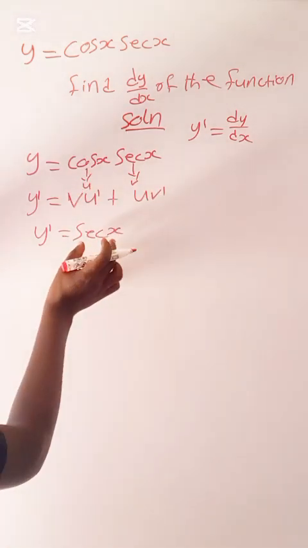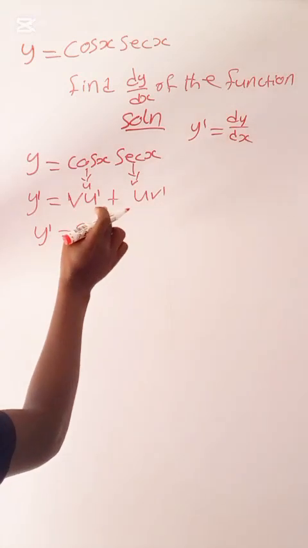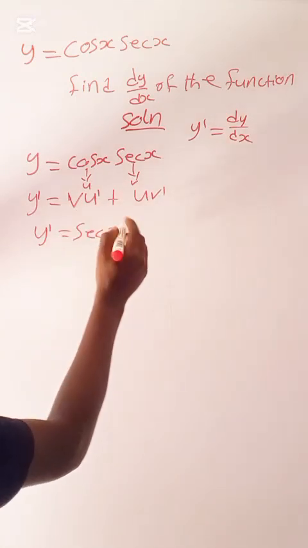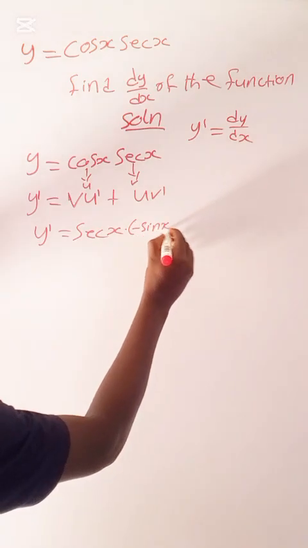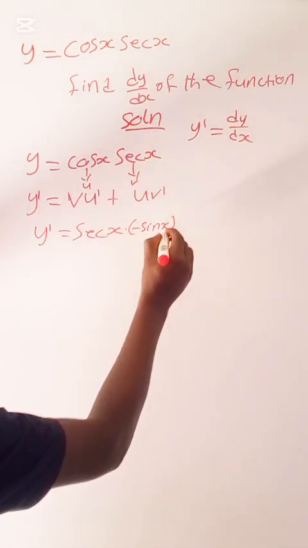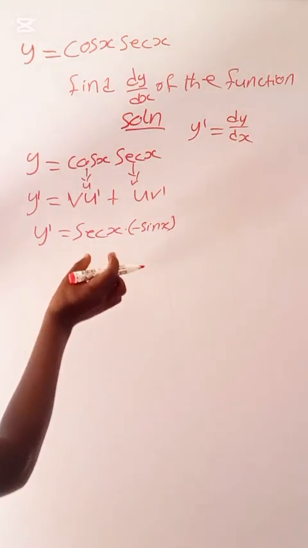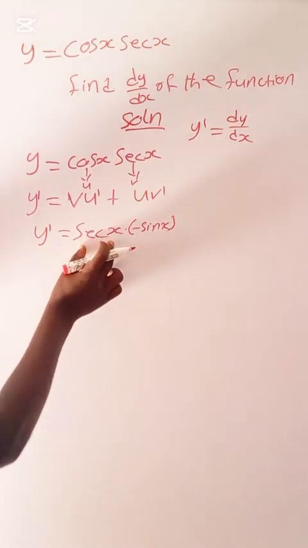So now I differentiate u. When I differentiate u, it will give me minus sine x. Now I'm going to differentiate this one, this sec x.